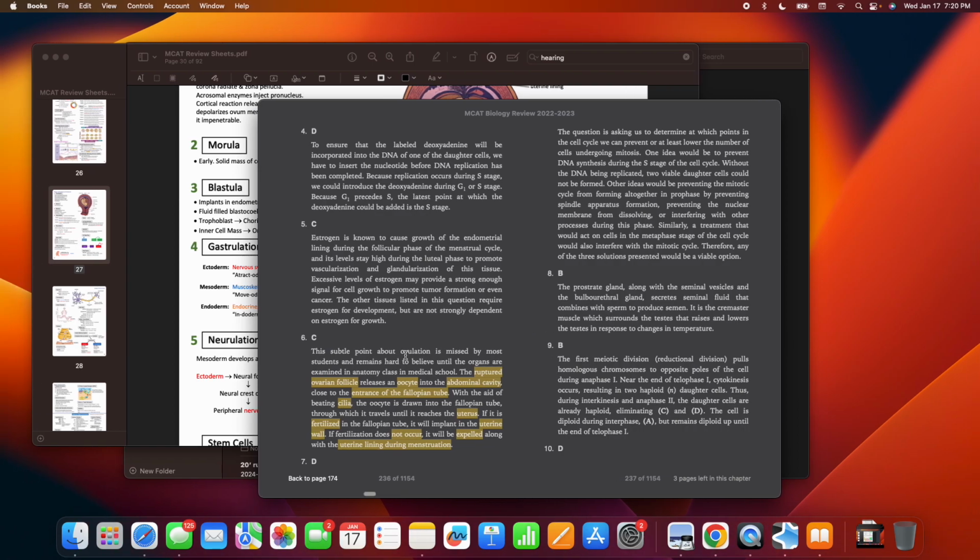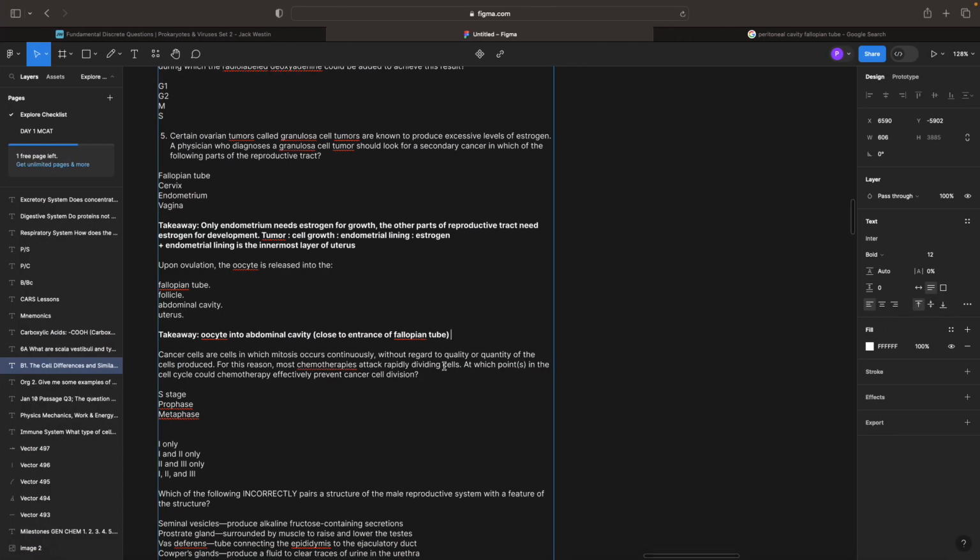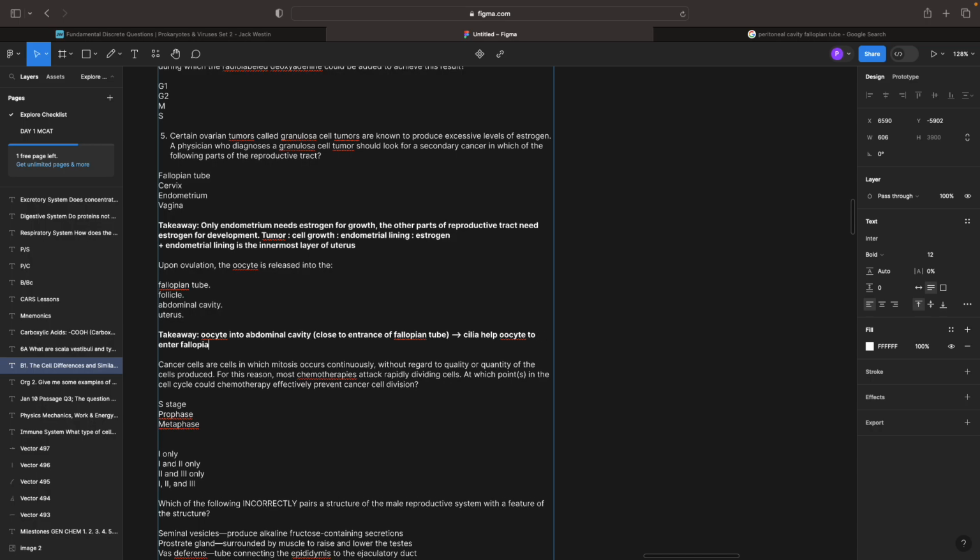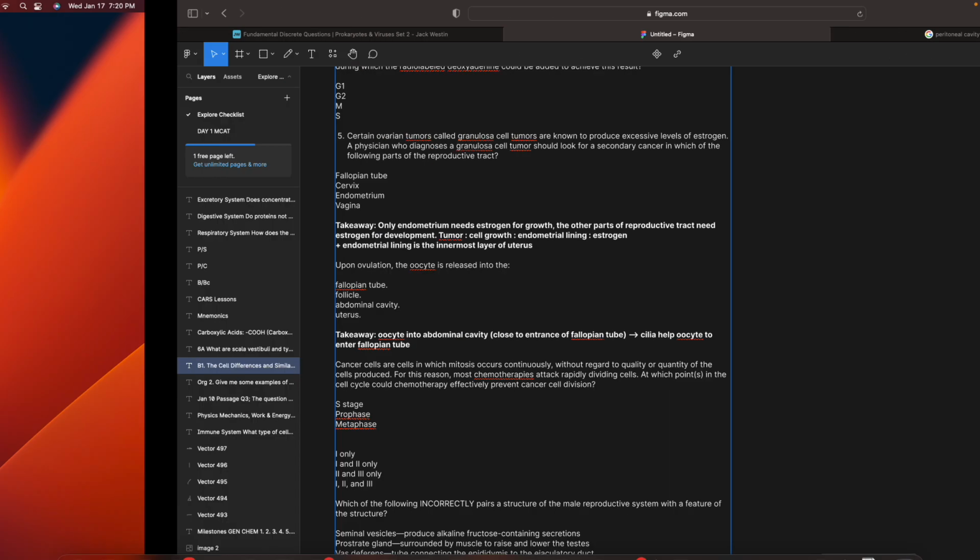And then what happens after this? Does the oocyte go to the middle section, to the uterus? So with the aid of cilia, the oocyte enters the fallopian tube.